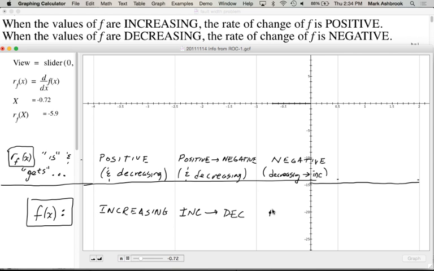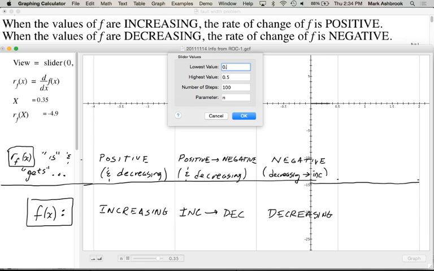Decreasing, right, the function values will be decreasing. Even though the rate is decreasing and then increasing, it's negative the whole time. That means our function is decreasing the whole time for all those x values. Any questions? Makes sense. All right, last interval.